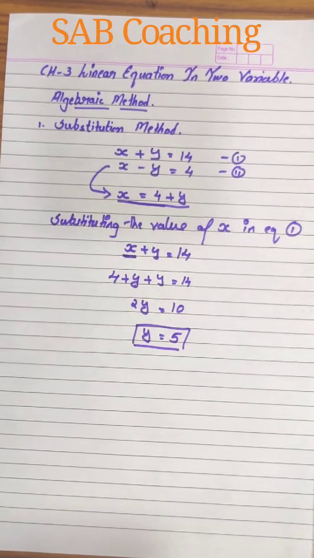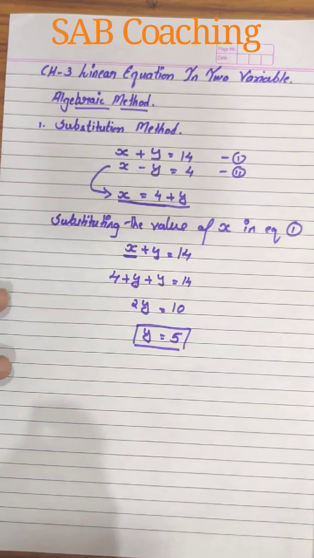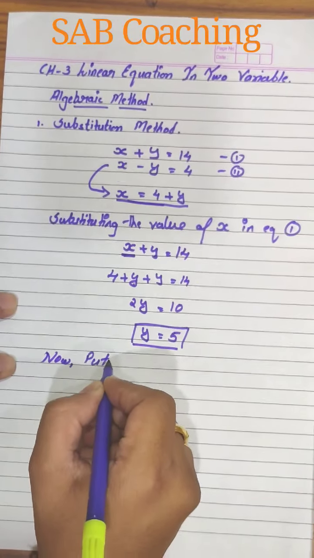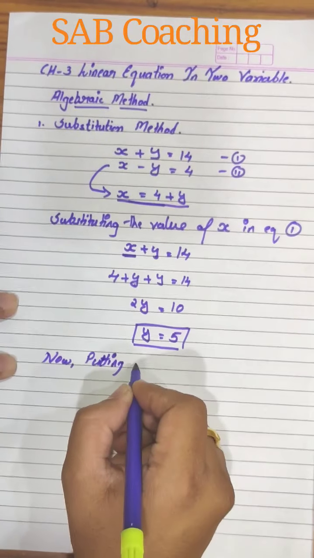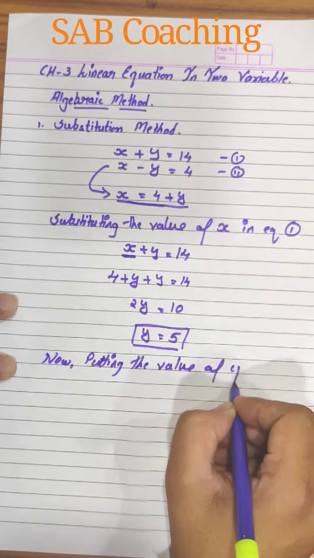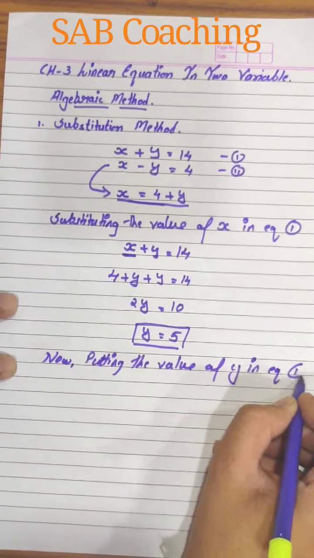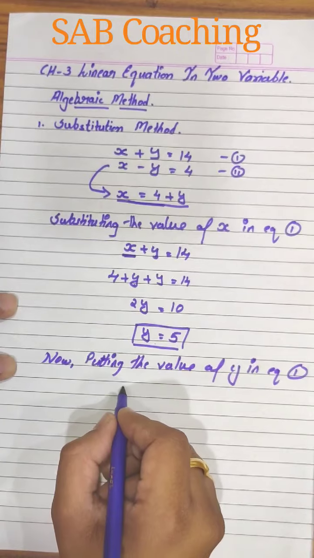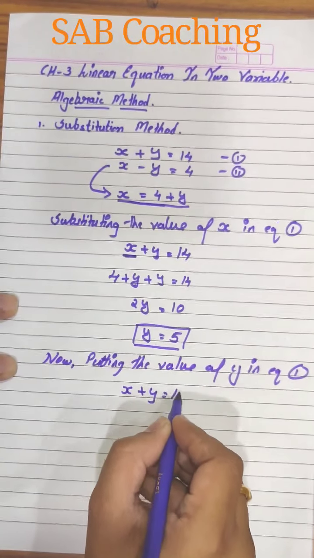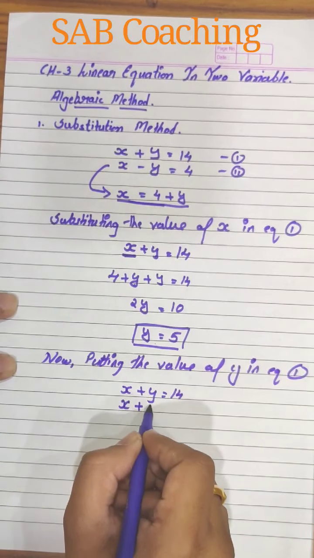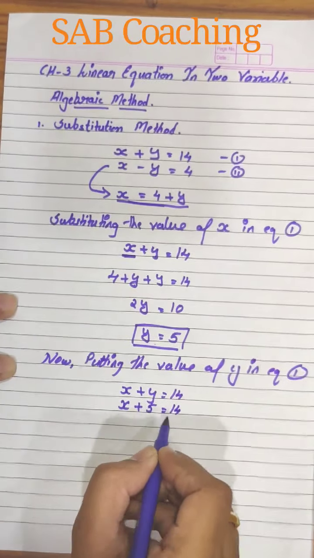Now you need to calculate the value of x. How are you going to calculate the value of x? Now putting the value of y in equation 1, y की जो वैल्यू अपन कैलकुलेट किए जो कि 5 है, उसको अपन इक्वेशन नंबर 1 में प्लेस करेंगे. तो x प्लस वाई इज इक्वल टू 14. x की वैल्यू, y की वैल्यू अपन क्या फाइंड आउट किया, 5. सो x प्लस 5 इज इक्वल टू 14. फ्रॉम हियर x वैल्यू यू आर गोइंग टू गेट इज योर 9.